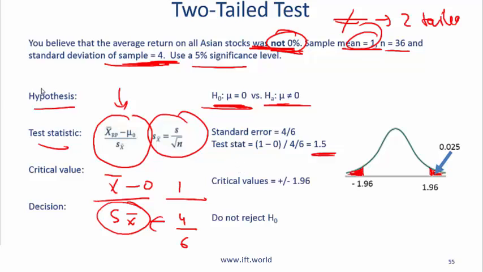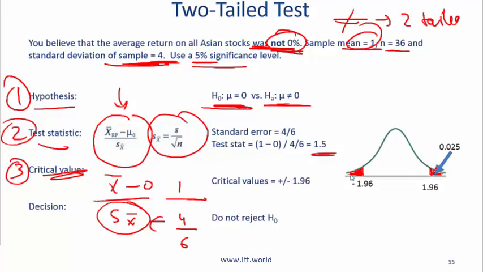So you set your hypothesis, item 1, you come up with a test stat, item 2, then given a critical value, and this critical value comes based on the significance level. If you are doing a two-tailed test and the significance level is 5%, then the 5% is spread across the two tails.